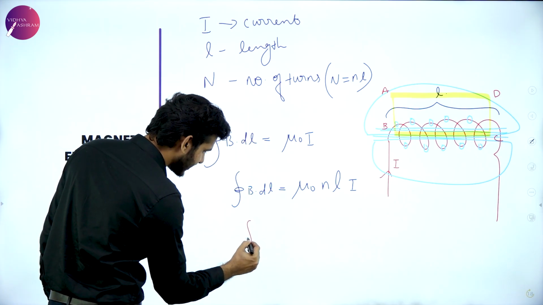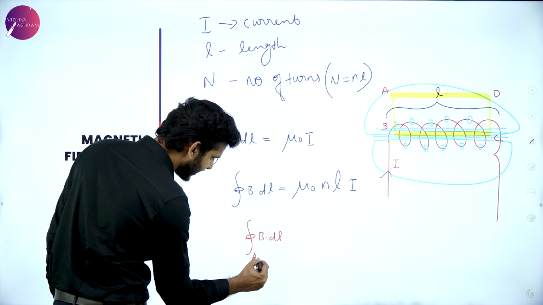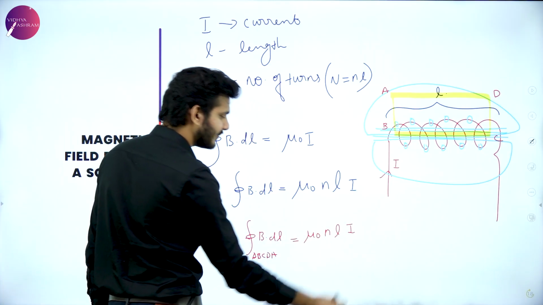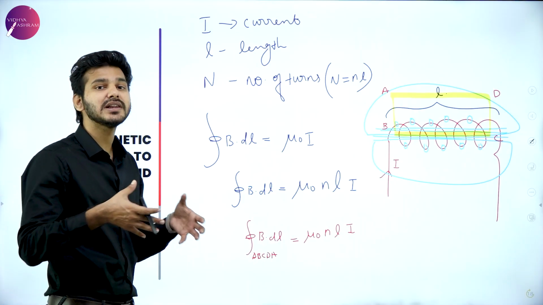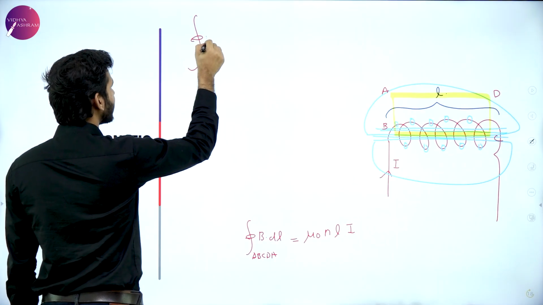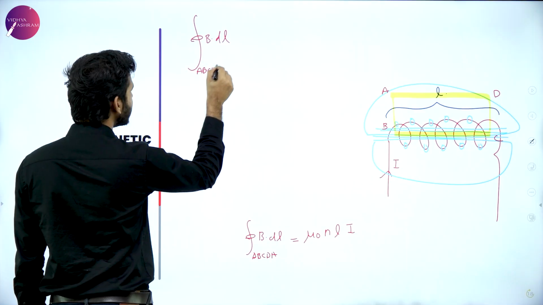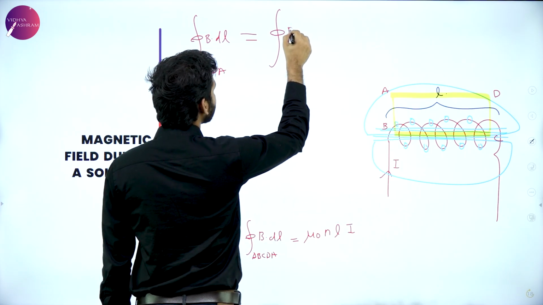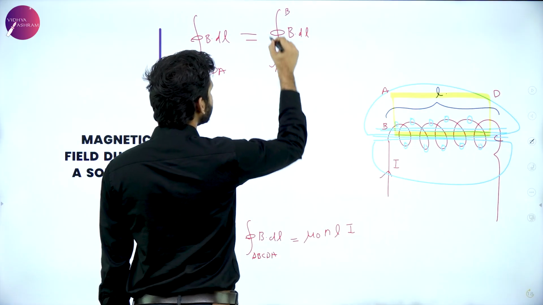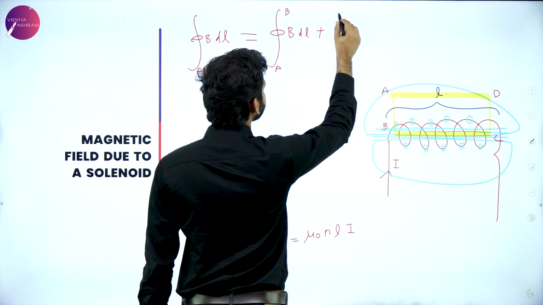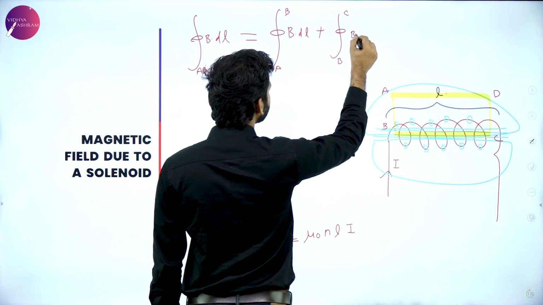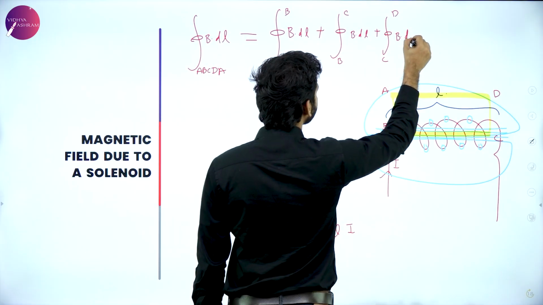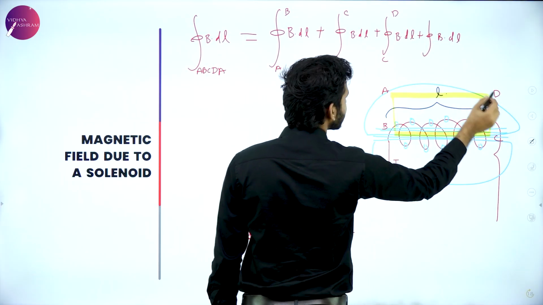So we can say that the integral of B dot dl over ABCDA is equal to mu naught n L I. This ABCDA, I am going to split into its components: the integral of B dot dl from A to B, plus the integral from B to C, plus the integral from C to D, plus the integral from D to A.